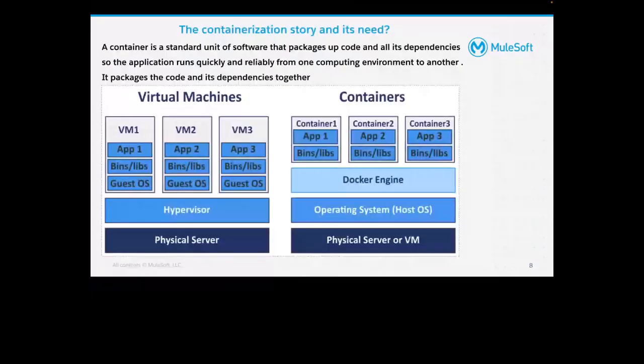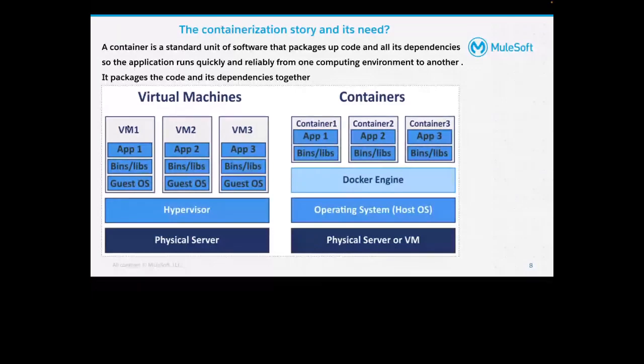Yeah, so we are talking about containerization, and let's try to understand what containerization is. You'd want to compare two things: your virtual machines and your containers, right? If you look at the VM architecture, basically it has a physical server, and then you have a hypervisor installed on top of that, and then your VMs are spun up on top of that, right?